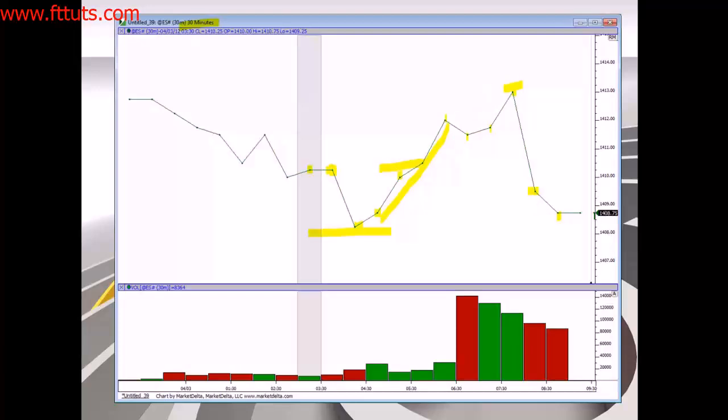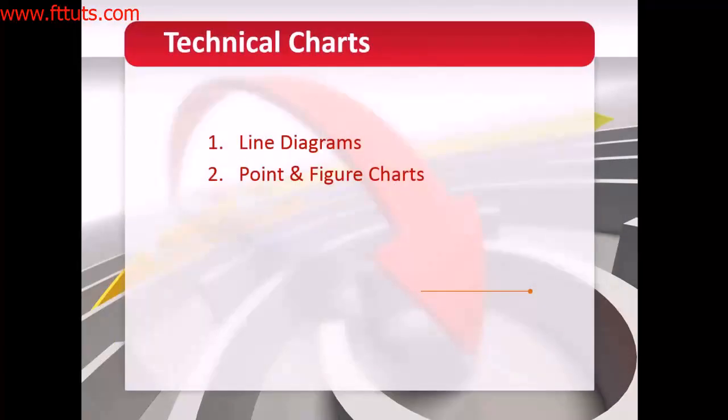Now imagine the depth and the wealth of information that can be cultivated from profile charts. If we can get just that much from a line diagram, imagine what we will be able to get from profile charts. Point and figure charts are another one of my favorite charting techniques that I often, and still, use to some extent.